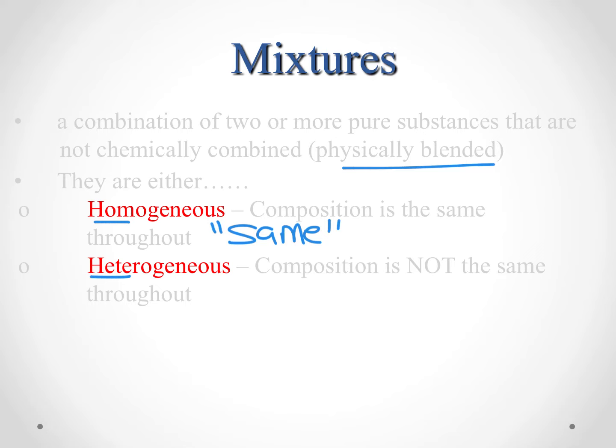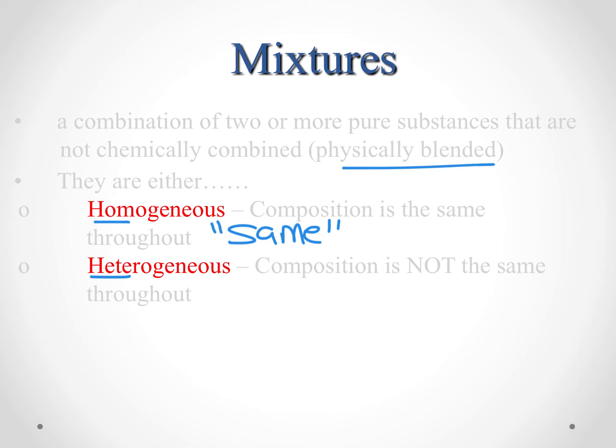And so when we're looking at a homogeneous mixture, we find out that the composition of it is the same all the way throughout. It's blended in such a way that there could be lots of substances there, but we'll just say there's two. The two substances are blended so that they're equally distributed together and all of the composition of it is the same.